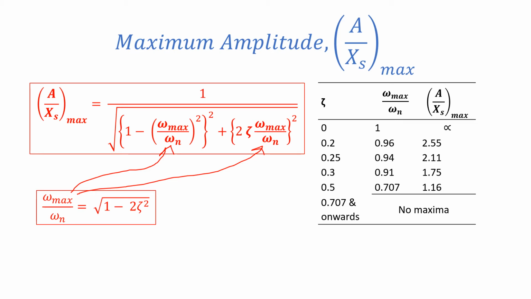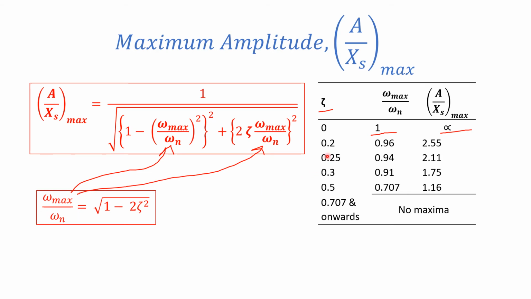Now we have found omega maximum to omega n values for different zeta. When zeta is 0, no damping is there. Maximum amplitude is at 1, means at resonance we have maximum amplitude, and the relation gives that maximum amplitude ratio is infinity, means theoretically the system should vibrate with infinite amplitude.